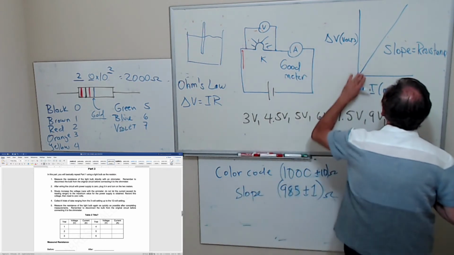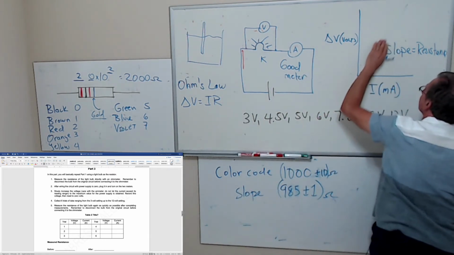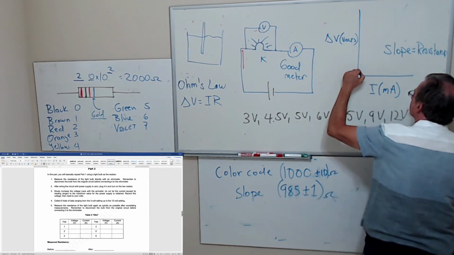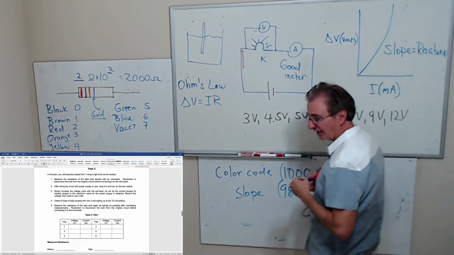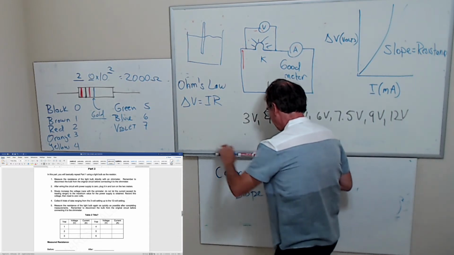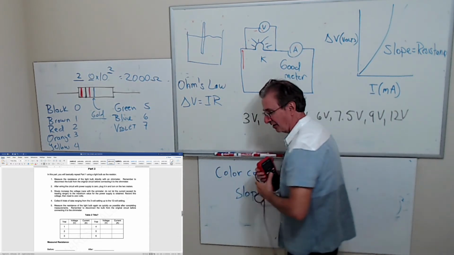This time the graph won't be linear because it doesn't obey Ohm's law. It'll look like this, although it's going to be hard to see that, and the reason why is because you only have 6 data points.